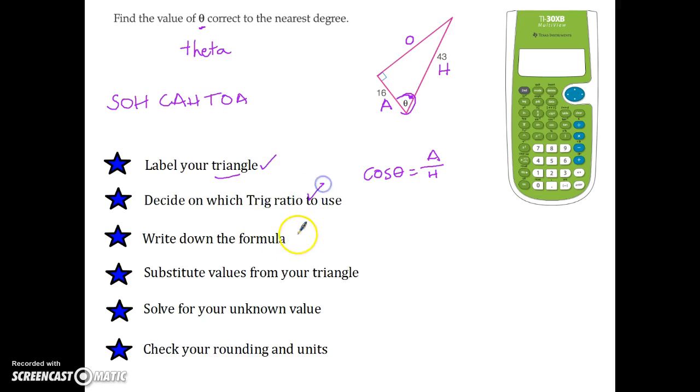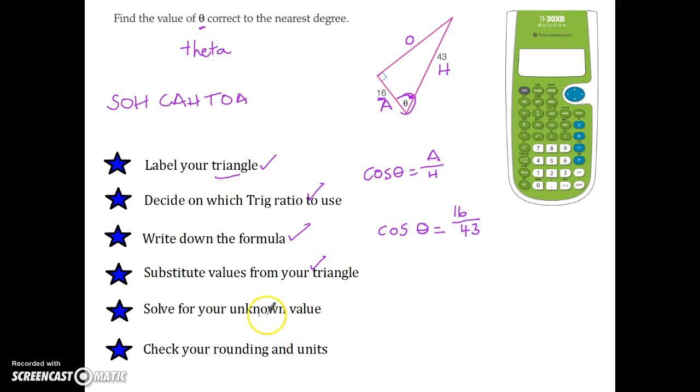So decide on that, write down the formula. Now substitute the values from your triangle just the same as we've done before. So cos. Now normally we've put an angle in here because we've known the angle, but we don't in this case, so just leave it as theta equals adjacent is 16 over hypotenuse, which is 43.